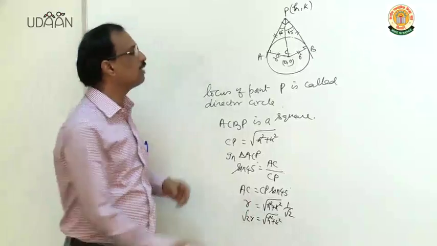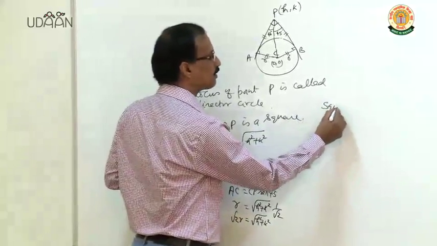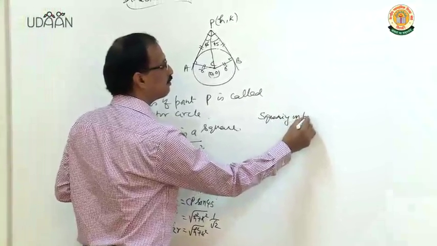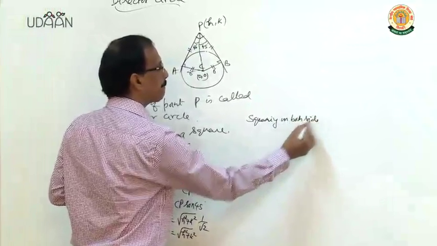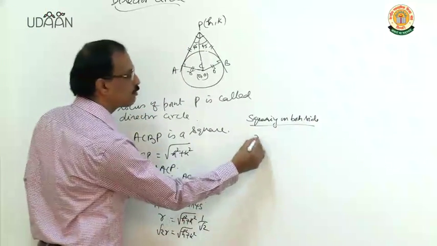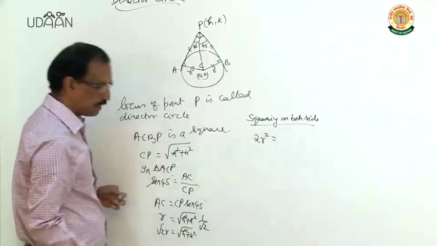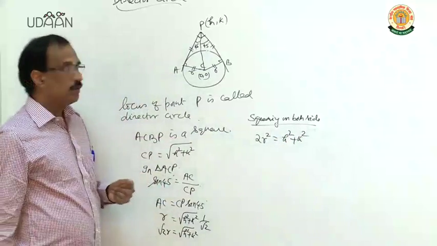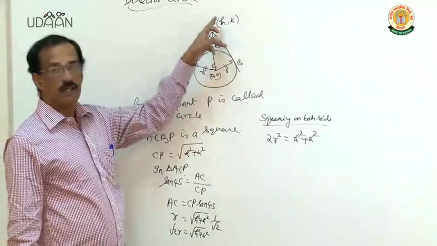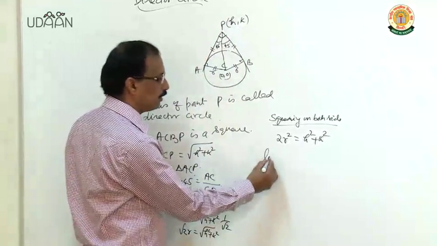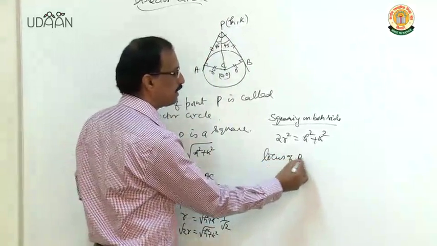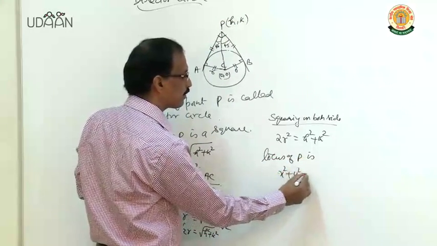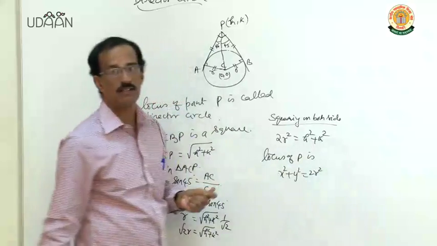If we square on both sides, we get 2r square equals h square plus k square. So (h, k) is an arbitrary point P, therefore the locus of P is x square plus y square equals 2r square.